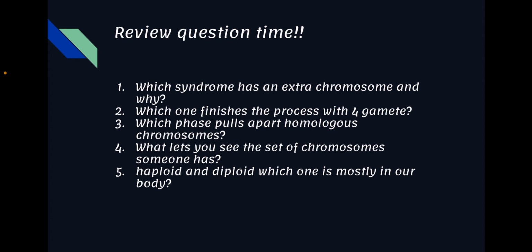Number 3. Which phase pulls apart homologous chromosomes? Number 4. What lets you see the set of chromosomes someone has? Number 5. Haploid and diploid. Which one is mostly in our body?